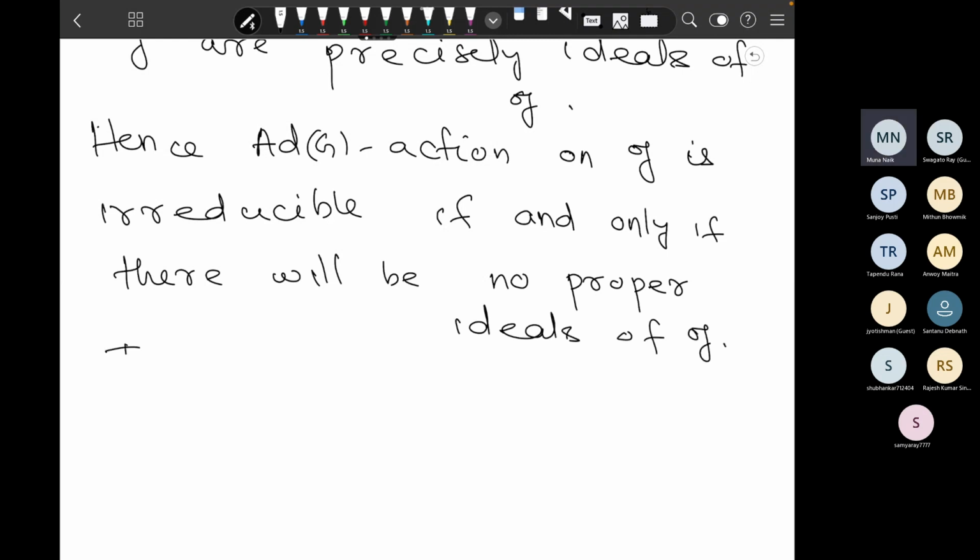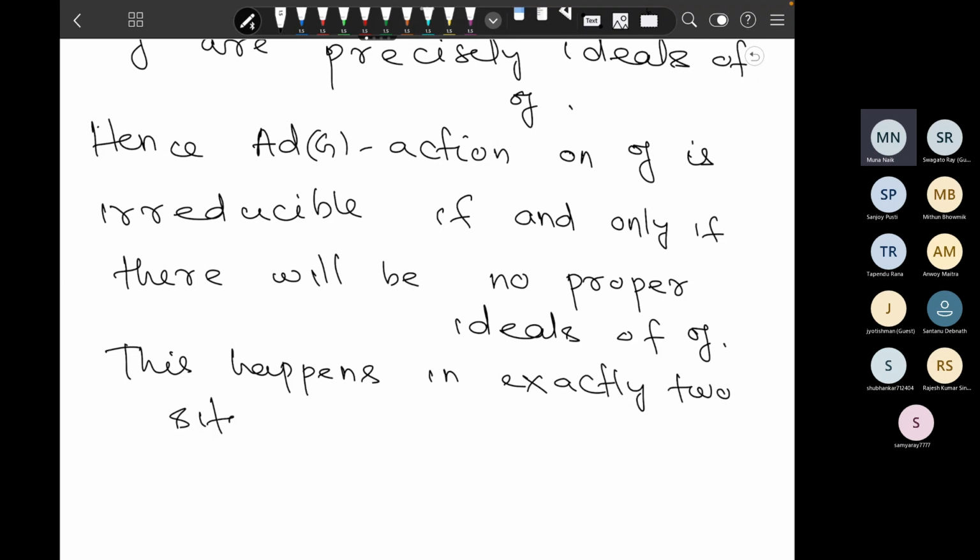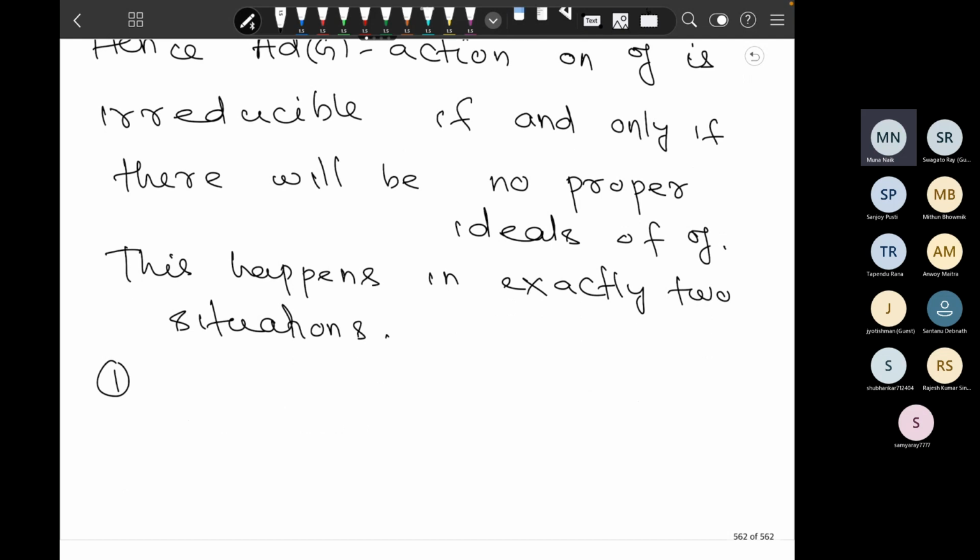So this happens in exactly two situations. The first condition is that g is equal to R, or g is equal to H1. Actually, this is diffeomorphic to R, but I am writing this H1.